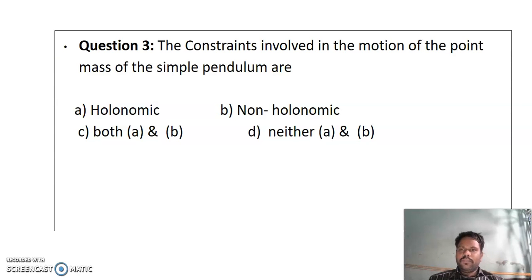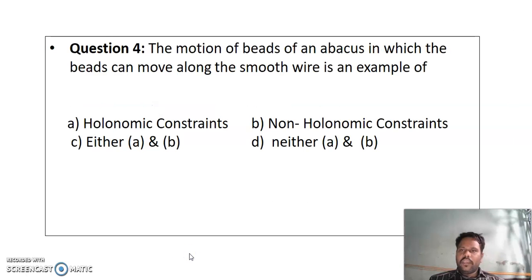Question number 3. The constraints involved in the motion of a point mass of the simple pendulum are A, holonomic, B, non-holonomic, C, both A and B, D, neither A and B. We know it is holonomic.